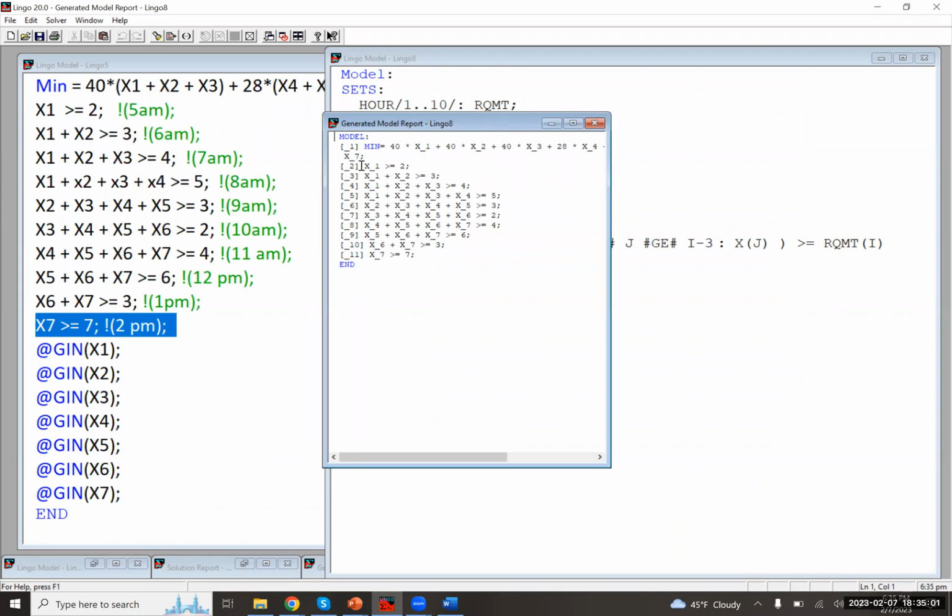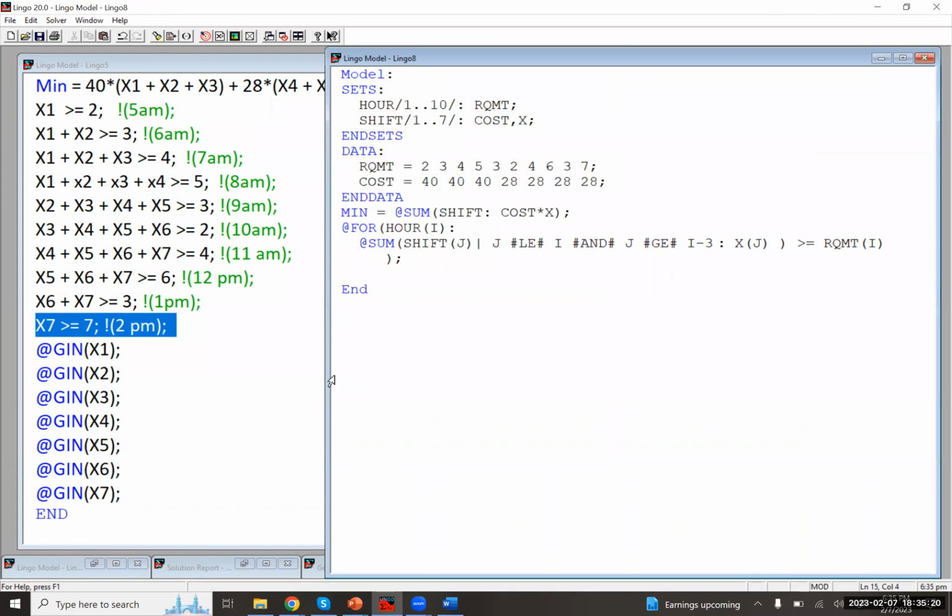The first constraint, x1 is greater than or equal to 2. And the second constraint, x1 plus x2 is greater than or equal to 3. Everything looks okay. Now let's get back to our LINGO sets program to complete it.